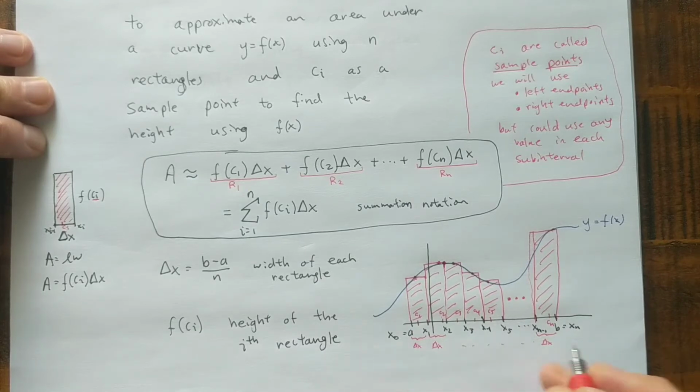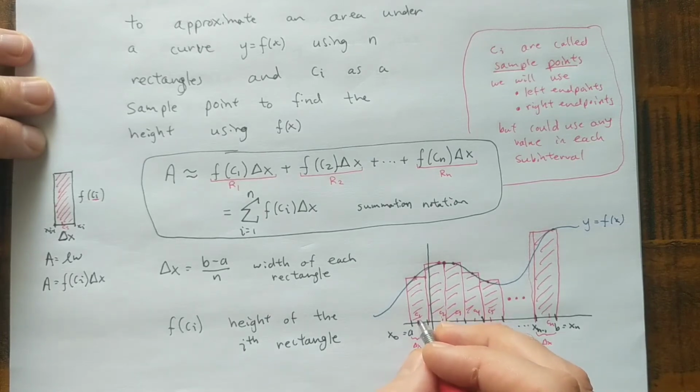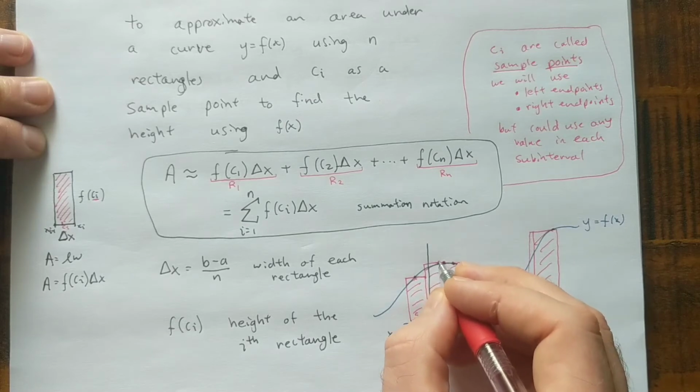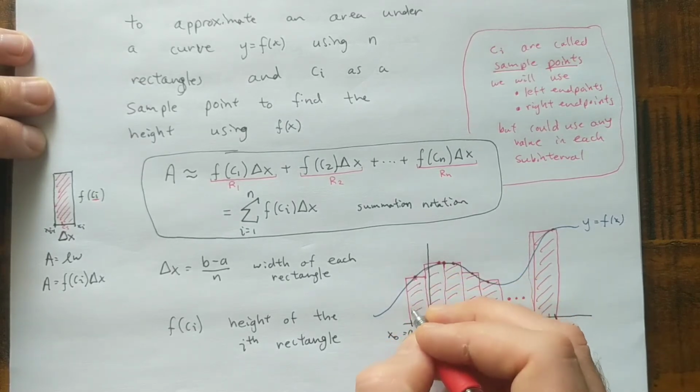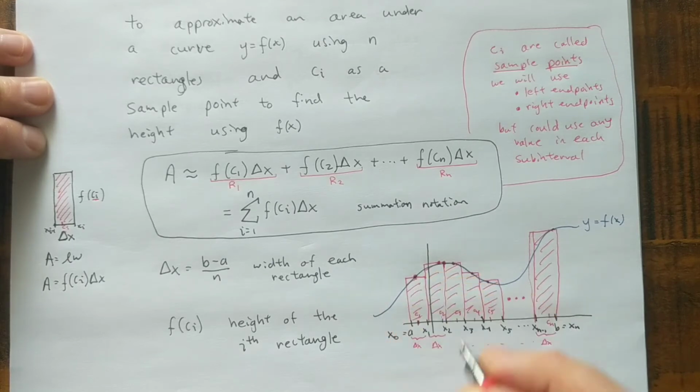So we're going to start with a, end with b, whatever that interval is, chop it up into equal bits. So to get the height of each rectangle, we're going to take some value c sub i in between these two numbers and plug it in, and whatever the value of the function is at that, we're going to call the height of the rectangle. So the rectangle will go up to some point on the function in the subinterval.